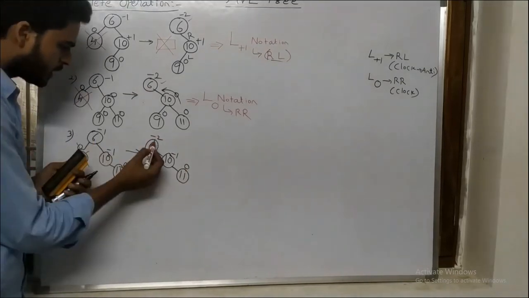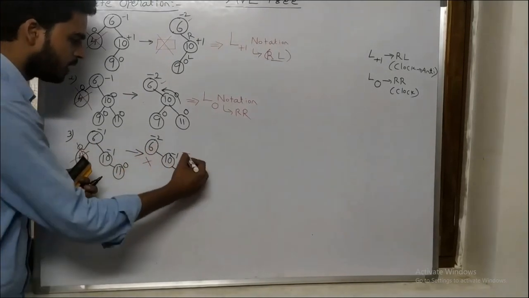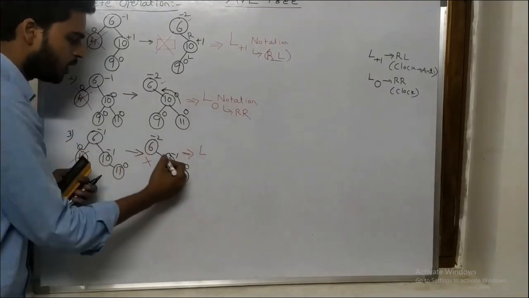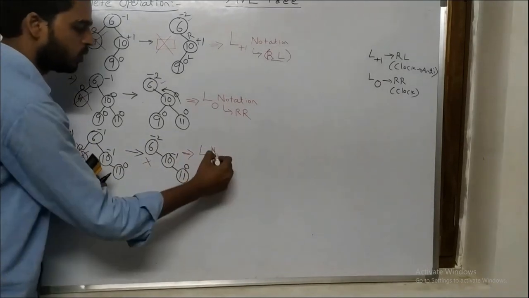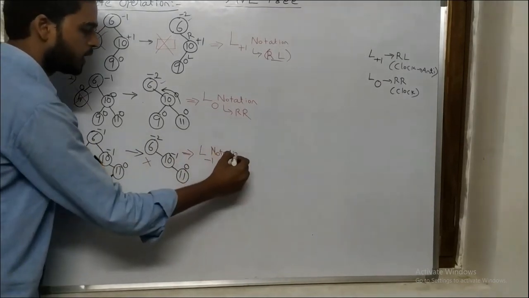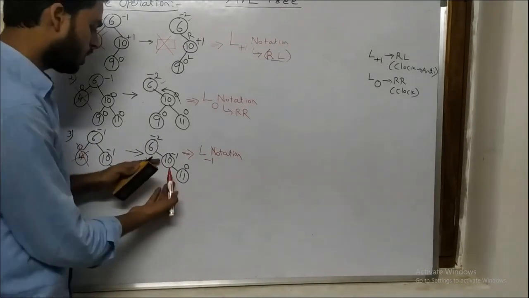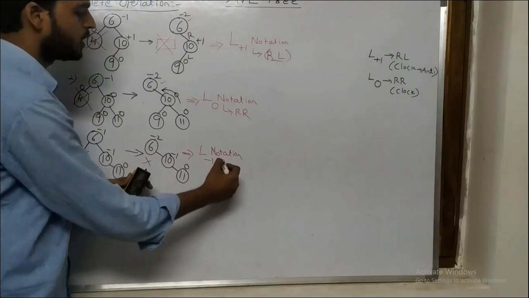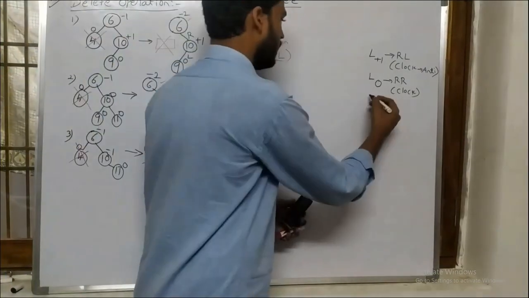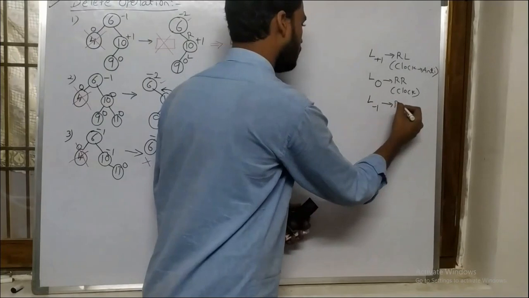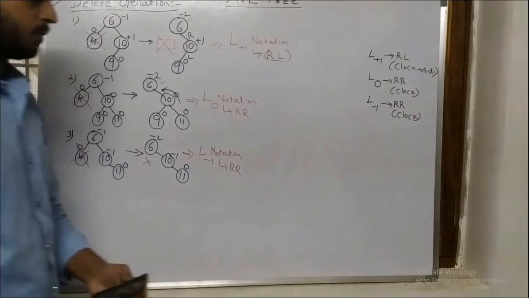This critical node occurred because of deleting an element from the left side, L, and whose right child is minus 1. So we call this notation L minus 1 notation. When you get L minus 1 notation, how can you balance this? Simply RR notation, that is the clockwise direction.